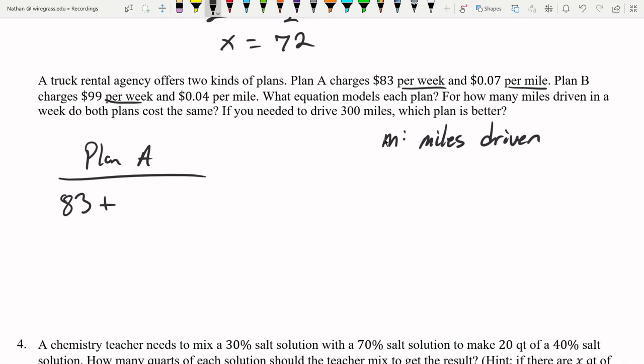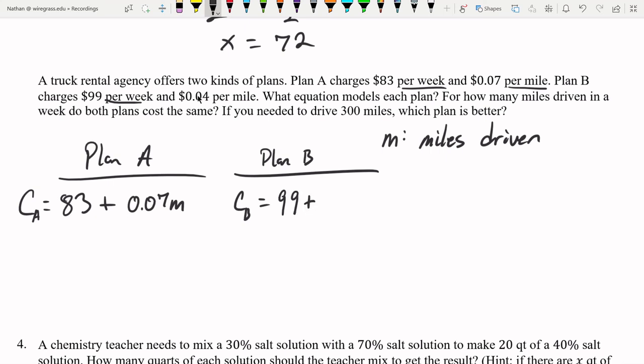Well, if we drive M miles, that's going to be 7 cents times M. So this is the formula for Plan A. This, of course, is going to be the cost for Plan A. Now for Plan B. So the cost for Plan B is going to be $99 per week, so $99 plus 4 cents per mile. Okay, that's what the first question asks.